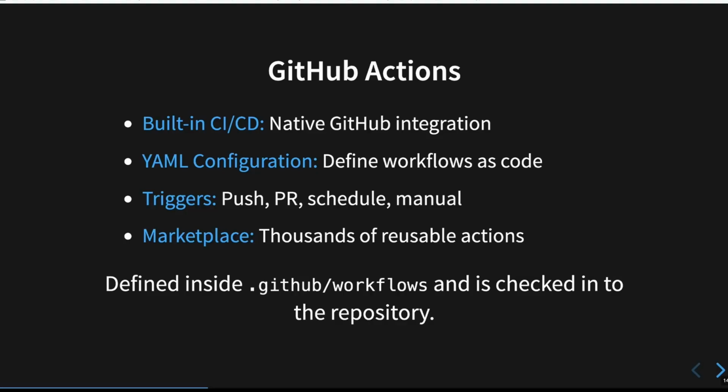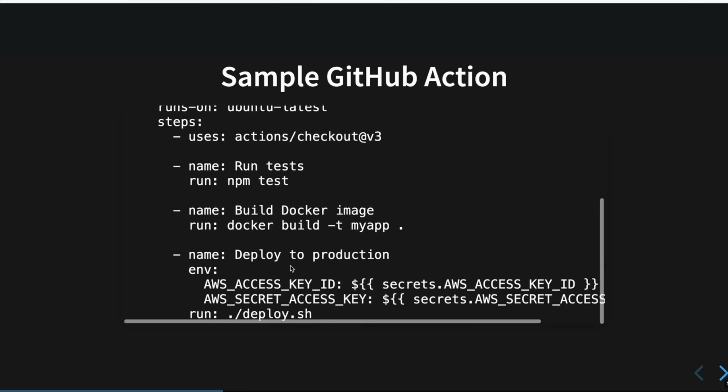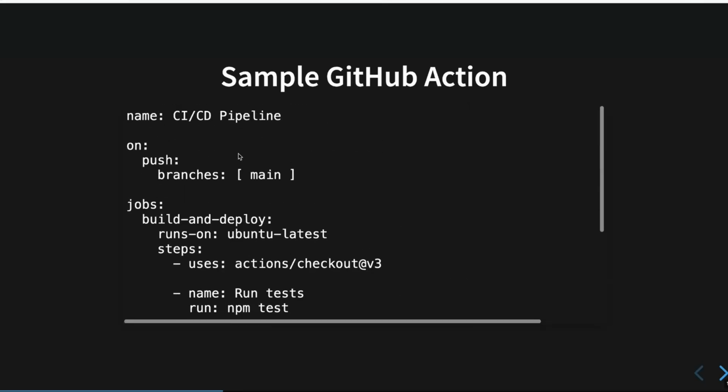Basically, GitHub Actions are generally defined inside the .github/workflows directory, and it's a common practice to check it into the repository. We will also look into GitHub Actions in detail, but here's a sample action. We have a name.